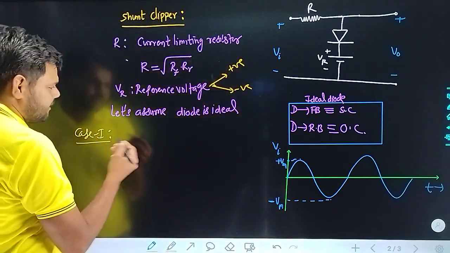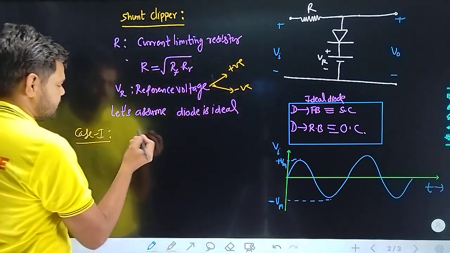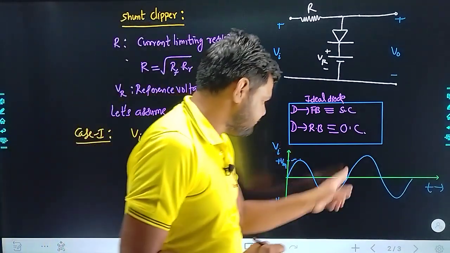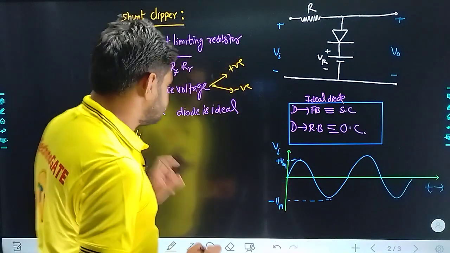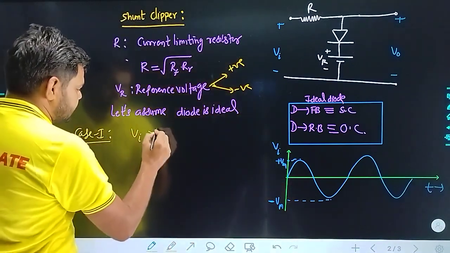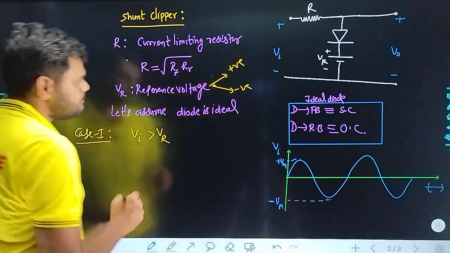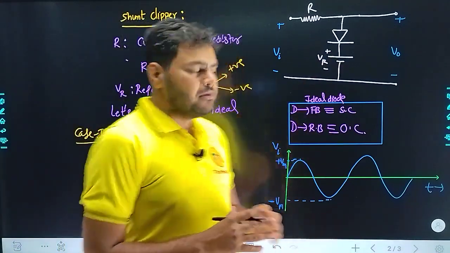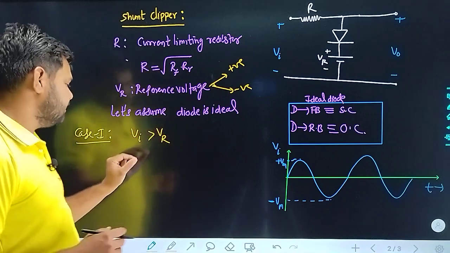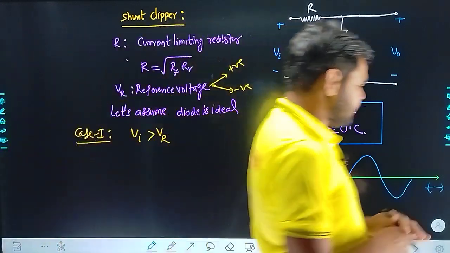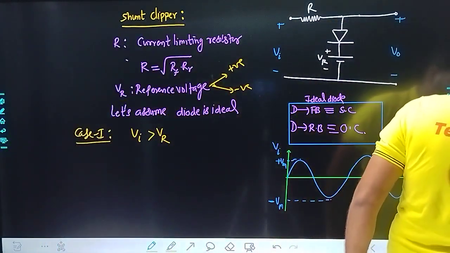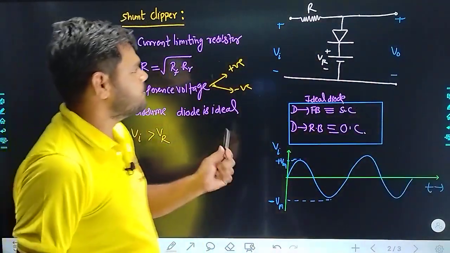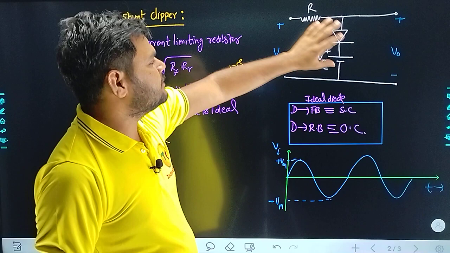So I can make two cases. The first case: the V input, which is varying continuously, is greater than this V reference. I don't know whether this V reference is positive or negative, but I know that V input is greater than V reference.